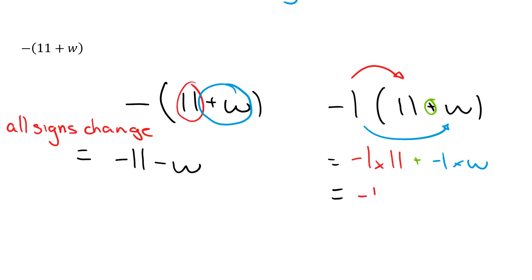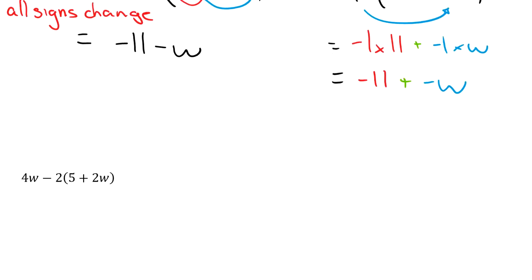So we get negative 11 plus negative w, which is what our original answer on the left side was. So both ways work. If you rather use the arrows and expand it, pretend it's negative 1, you can do that, or you can just remember the rule that all signs change if it's just a negative out the front.